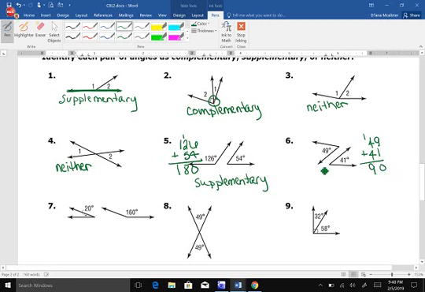They are complementary angles. And number 7? They are supplementary.